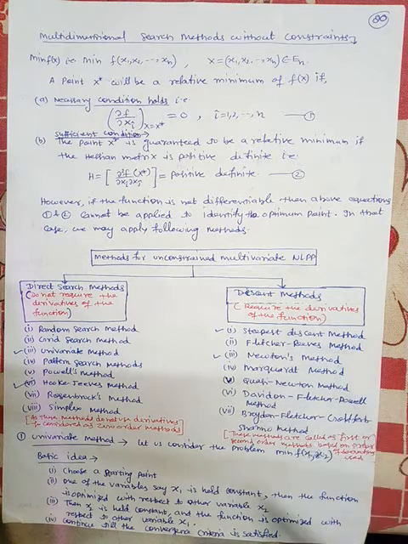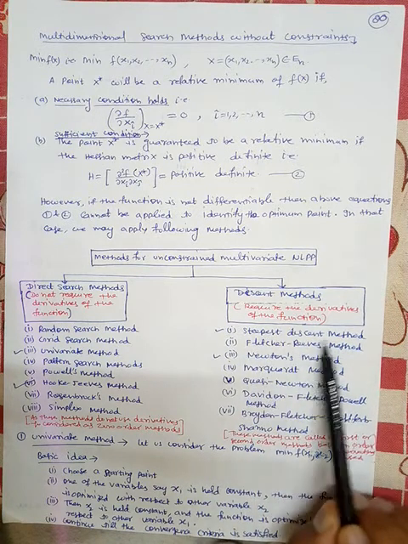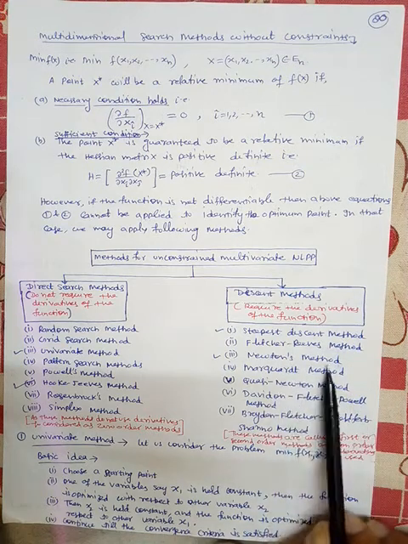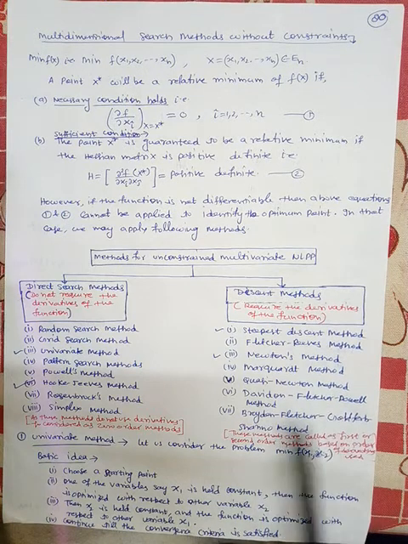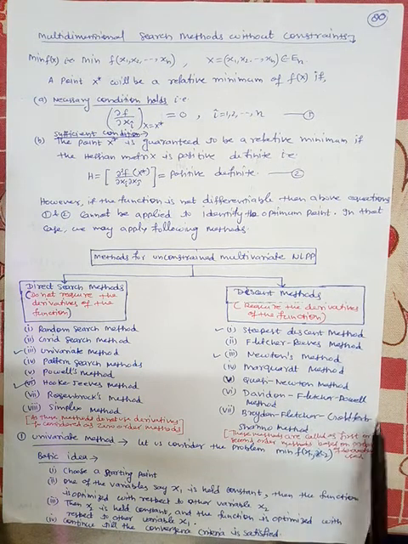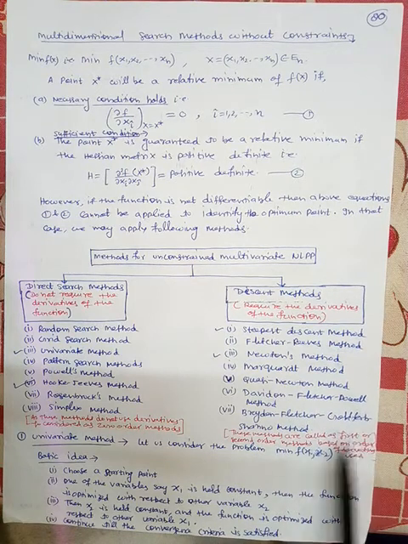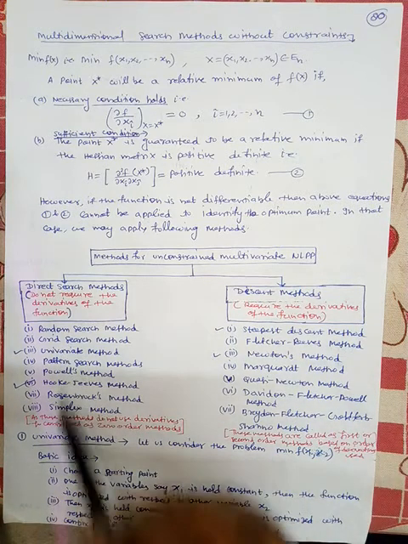Similarly, here we have these 7 methods: steepest descent method, Fletcher and Reeves method, Newton's method, Marquardt method, quasi-Newton method, Davidon-Fletcher-Powell method, and Broyden-Fletcher-Goldfarb-Shanno method.